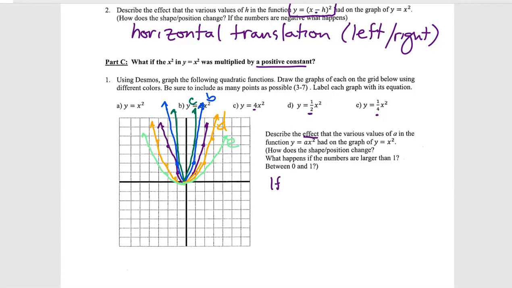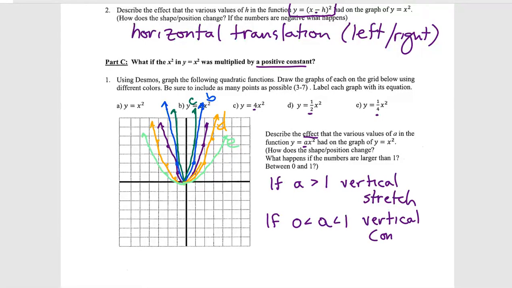So if that a value, that number in front, a, is greater than 1, then it is a vertical stretch. Now, if a was a value between 0 and 1, so I'm going to use my domain and range notation, if a is between 0 and 1, so it doesn't equal 0, it doesn't equal 1, but it's between 0 and 1, then we have a vertical compression.